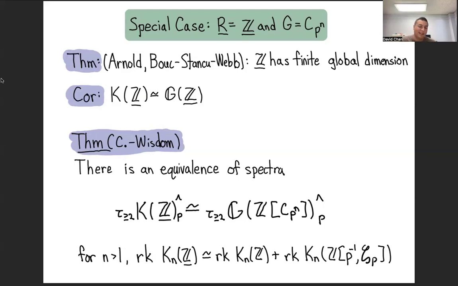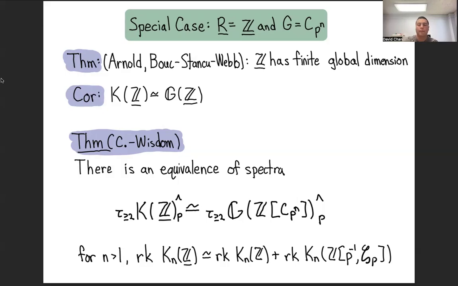My understanding is that this is known and that you can look this up inside of Weibel's survey of K groups of rings of integers. I think this is known. So in particular, if you had some particular one that you cared about, you could go through and look these up. This last computation, yeah, I think that's right. Okay.